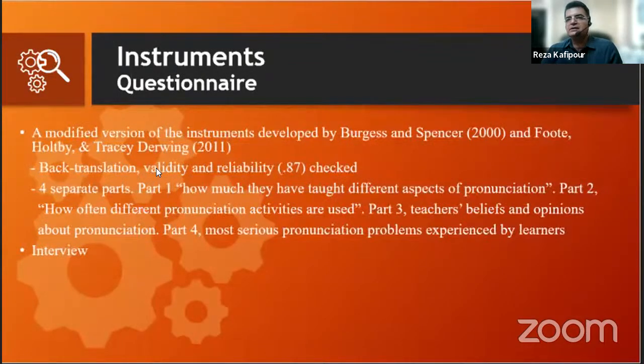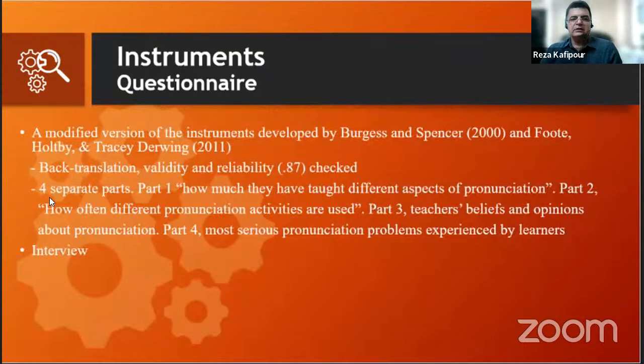After that, face validity was checked through getting the opinion of 3 experts to see whether the items correspond with what they are going to test or not. And the reliability of the questionnaire was also checked through Cronbach's alpha coefficient, which was something around 0.87, that is within a good reliability index.